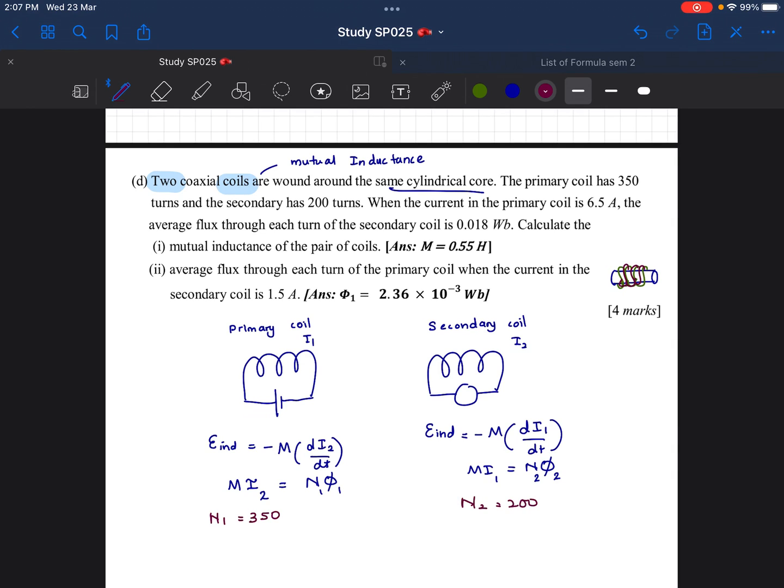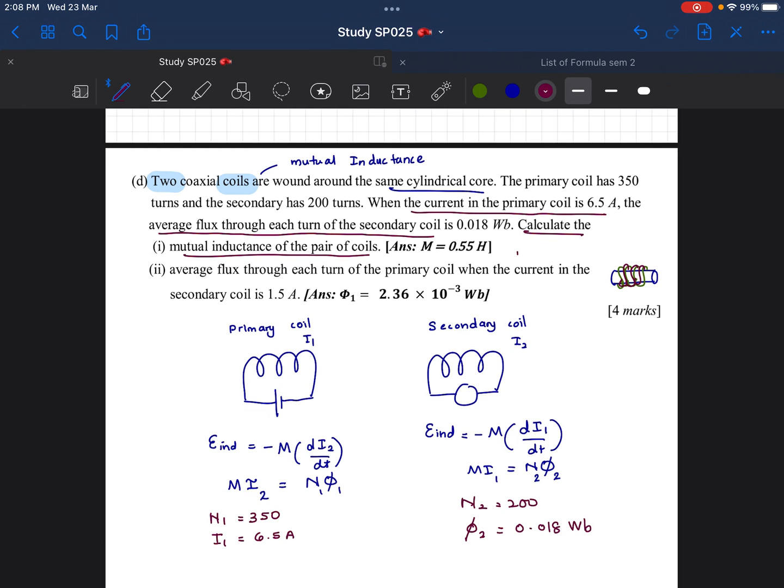And then dia cakap when the current in the primary coil is 6.5 A, jadi I1 adalah 6.5 A. The average flux through each turn of the secondary coil is 0.018 Weber. Jadi ini adalah magnetic flux dekat secondary coil, iaitu magnetic flux 2, kita label dia 0.018 Weber.